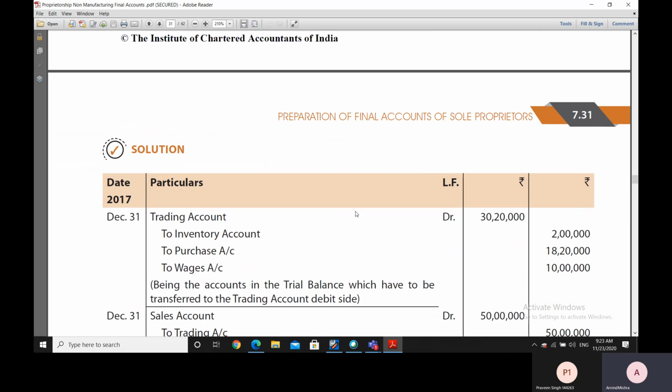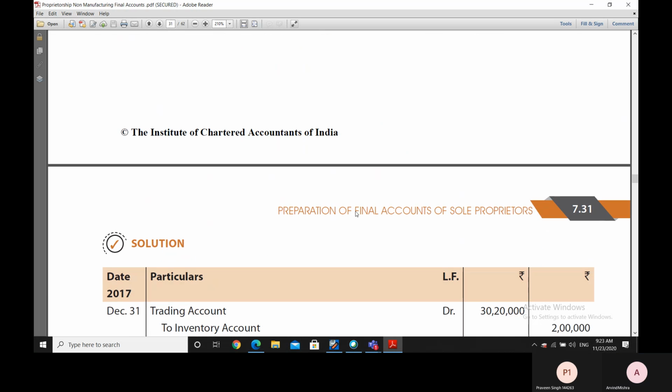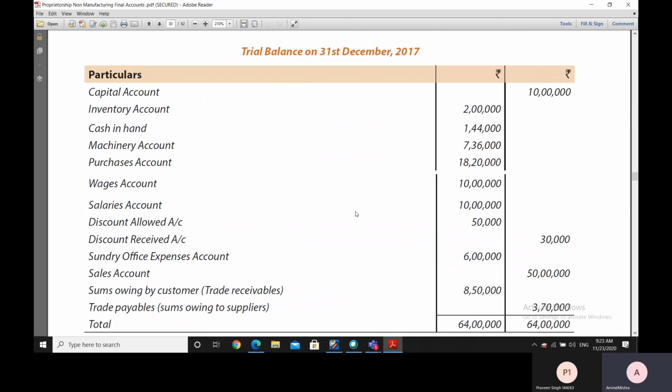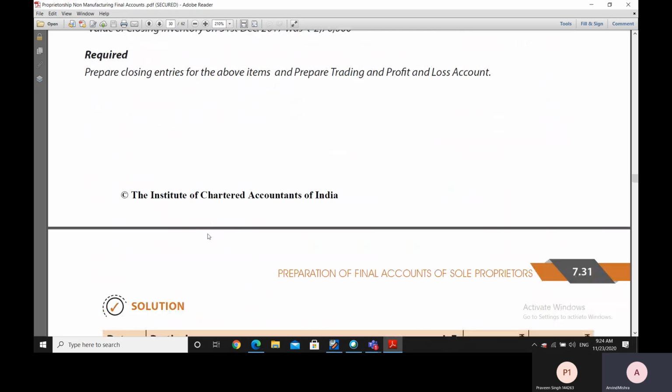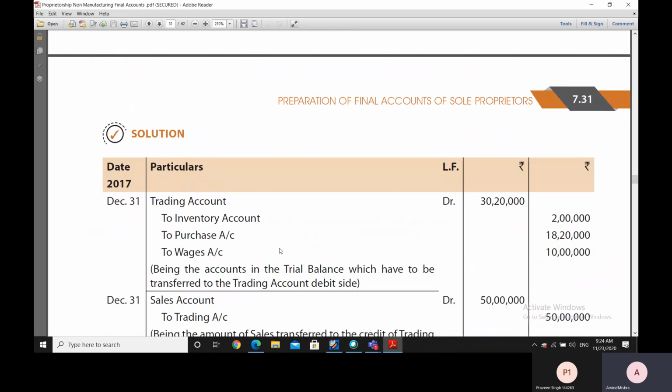So first of all, we have to identify which are those accounts which will go into the trading account. We know that inventory account will go to trading account, purchases will again go to the trading account. So similarly, wages, etc. So therefore, to transfer these three accounts to the trading account, we have to credit these accounts because they are debit balances.